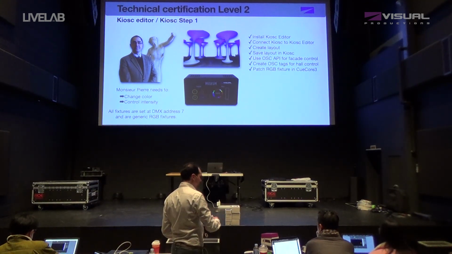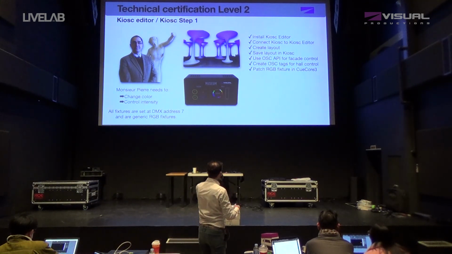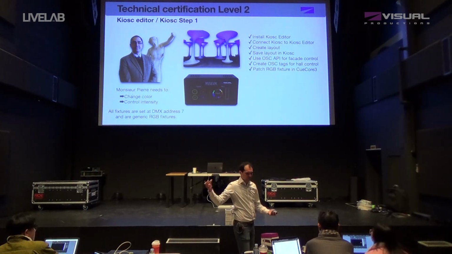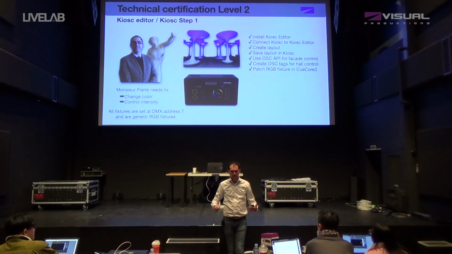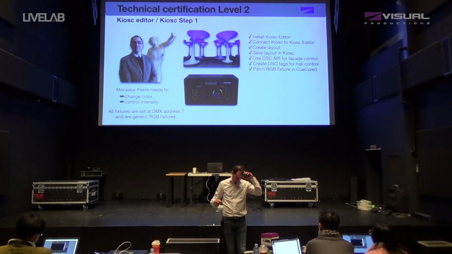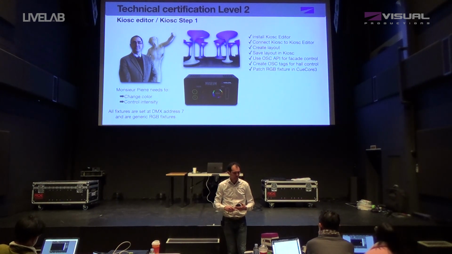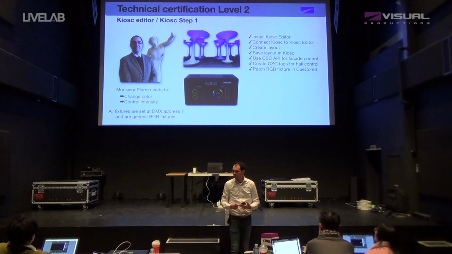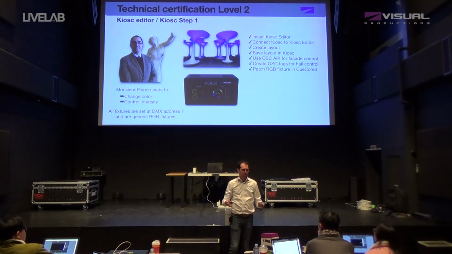So now we have a fixture that is representative of the entrance hall, and we have some OSC messages. So we need to do something that will link the OSC messages to the control of the fixture. So good luck.